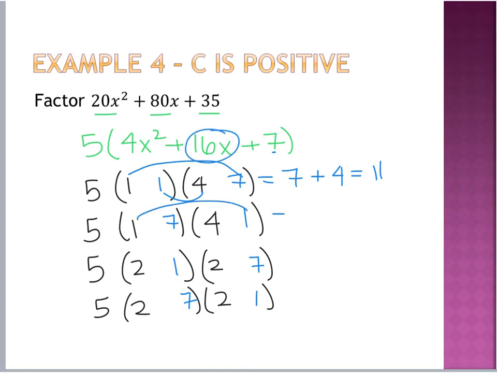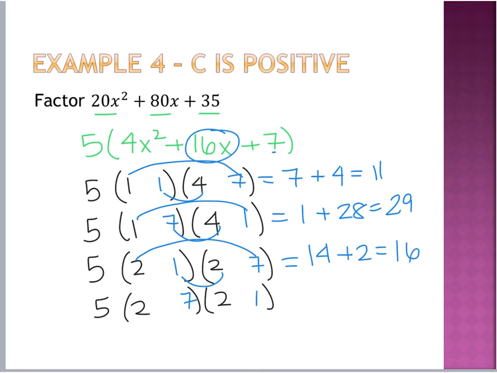So I'm going to go to the next one, and I have 1 times 1 is 1, plus 7 times 4, which is 28. So this here gives me 29. I'm going to keep going. I have 2 times 7, which is 14, and then 1 times 2 is 2. This gives me 16, which means that this right here is a set of factors that I want.